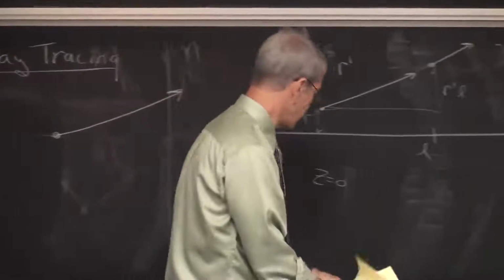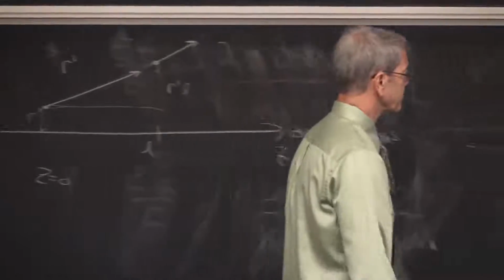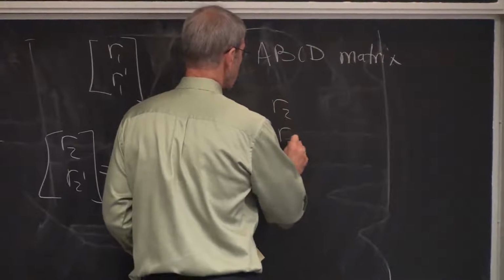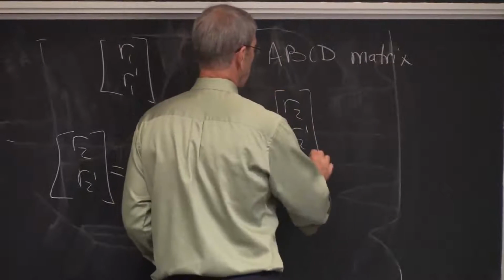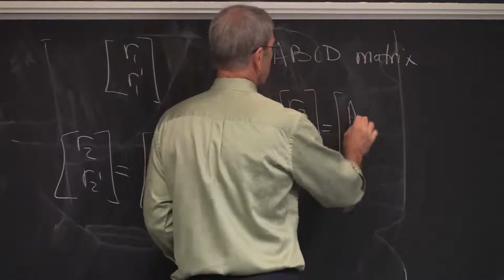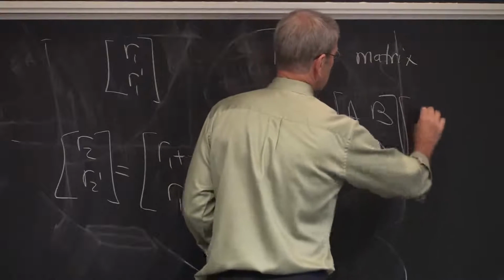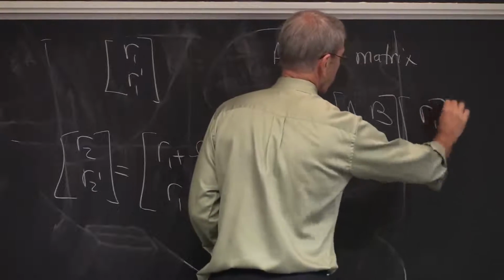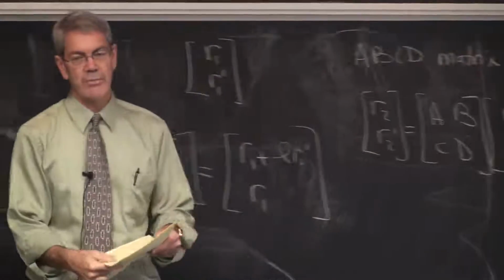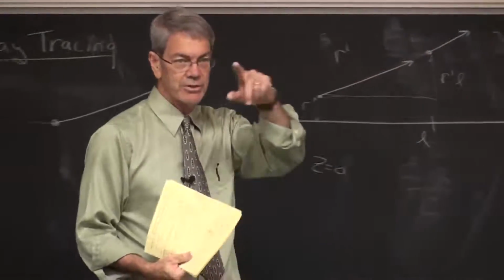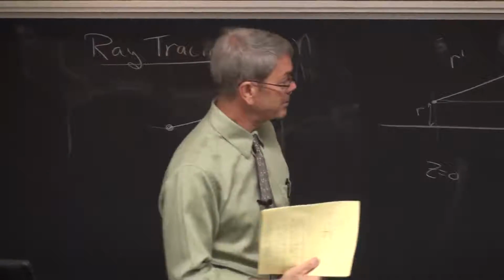Now I want to do this in a form that looks like this: R2 prime equals A, B, C, D, R1 prime. So I want to describe this operation in terms of a matrix. And that's what the ABCD matrix is. Very clever name, right? ABCD.